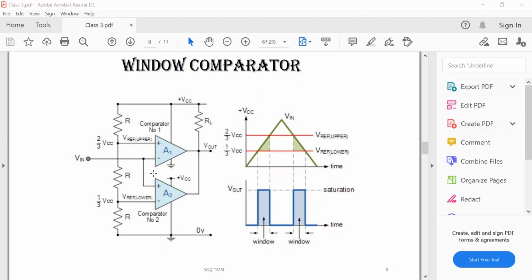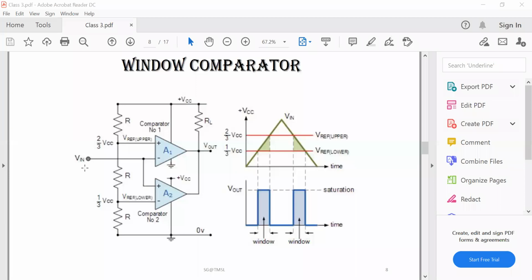Using this idea, and using the voltage divider network, if we use three equal value resistors, so that R1 equals R2 equals R3, we can create a very simple window comparator circuit in this way.